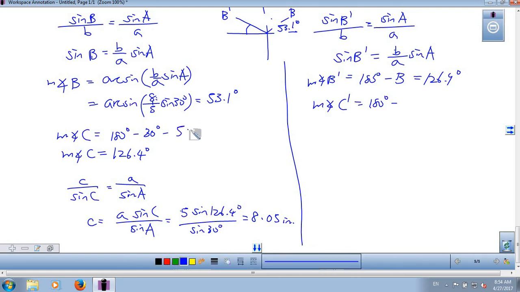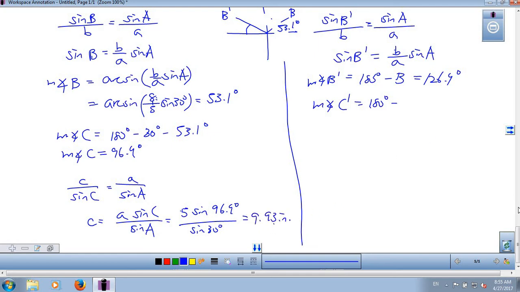Okay. 53.1 degrees, and correct that to 180 minus 30 minus 53.1, so angle C is 96.9 degrees. Alright, so let's go ahead and change this to 96.9 degrees. Alright, so the measurement here should be a little longer. So sine 30 divided by that times 5, and that'll give us 9.93 inches.